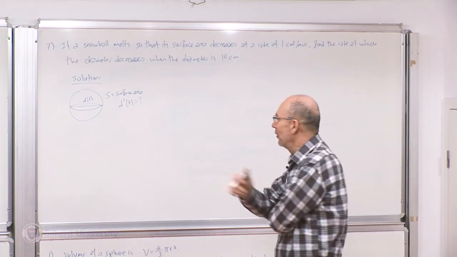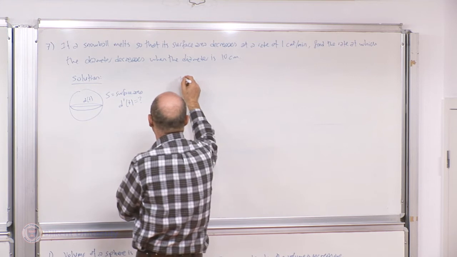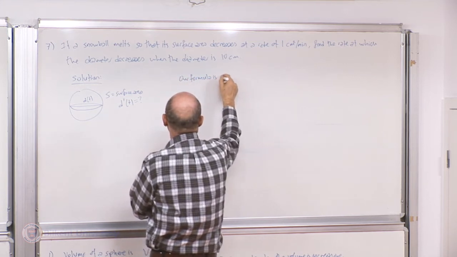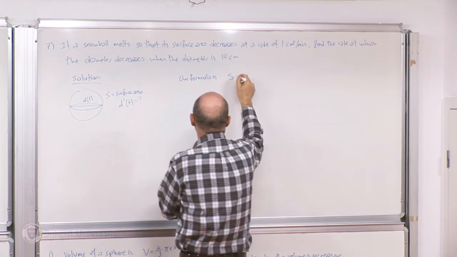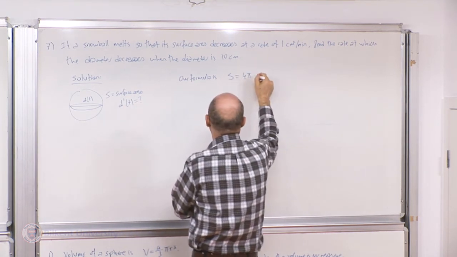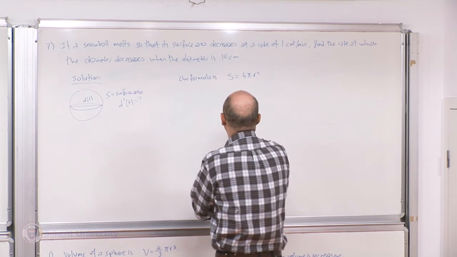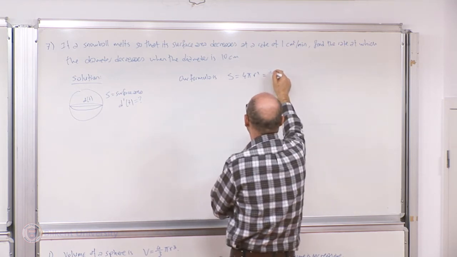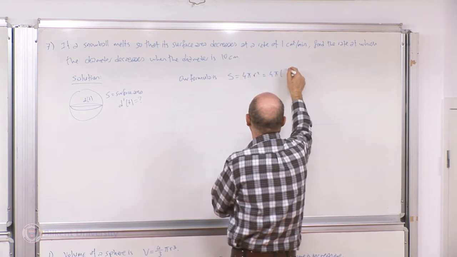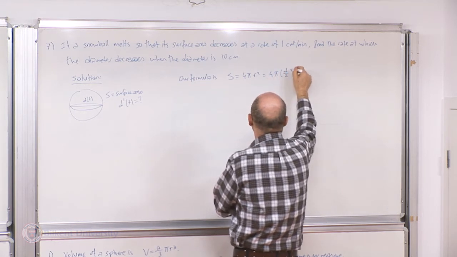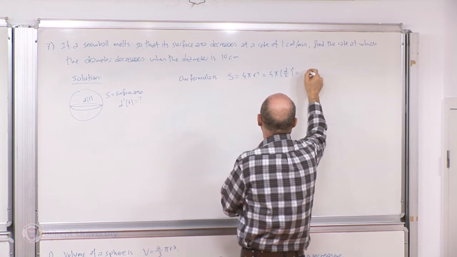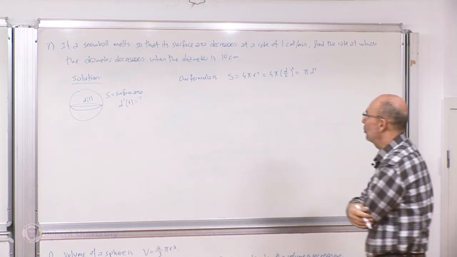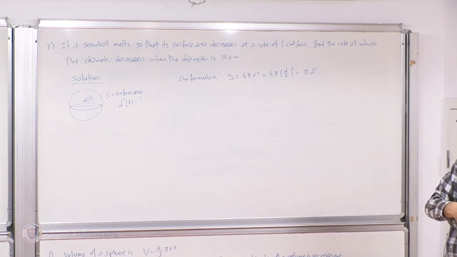Surface area S. So our formula is surface area is equal to 4 pi r squared. I want to write everything in terms of diameter. This is 4 pi times diameter over 2 squared, so this is pi d squared.